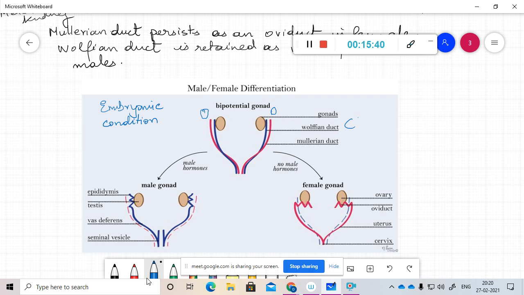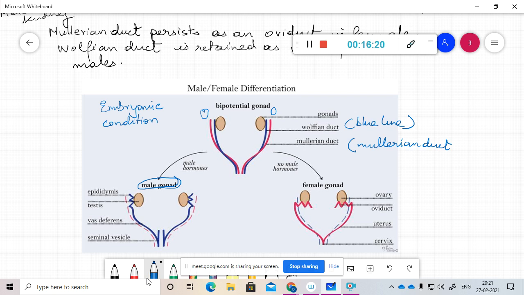This blue line is the Wolffian duct, and the red line is the Mullerian duct. When it's exposed to male hormones, it converts into male gonad, and the blue Wolffian duct gets converted into the vas deferens, and the red line, the Mullerian duct, disappears in the male.